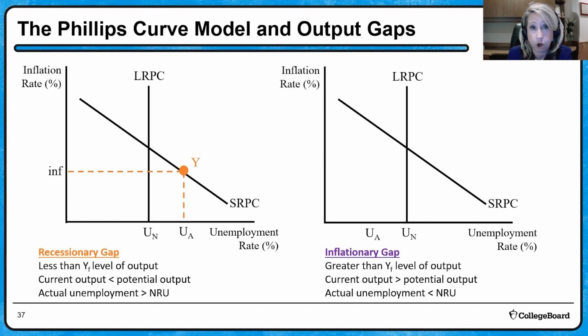So we want that current unemployment rate to be lower than the natural rate of unemployment. Then we can go up to our short run Phillips curve, use it to go over to the inflation rate axis, and that is how we can find the point that would show the economy in an inflationary gap. So this is an approach that I think will help you as you're using the Phillips curve if you have to model an output gap.